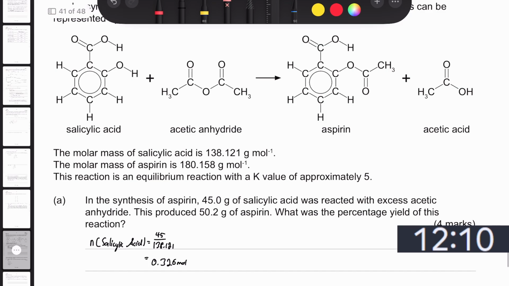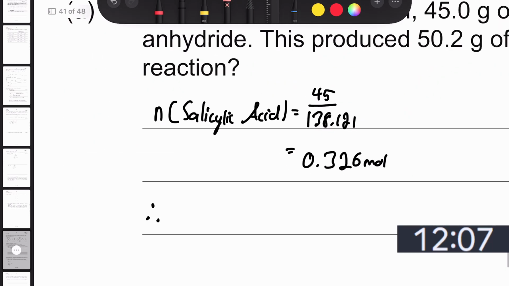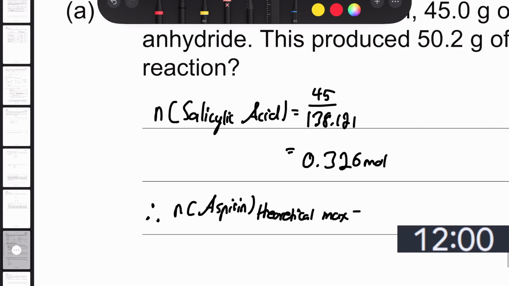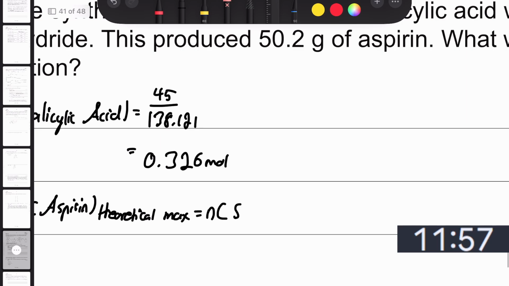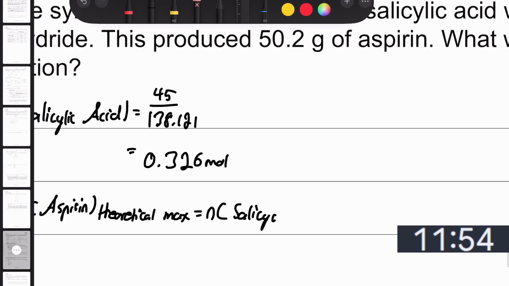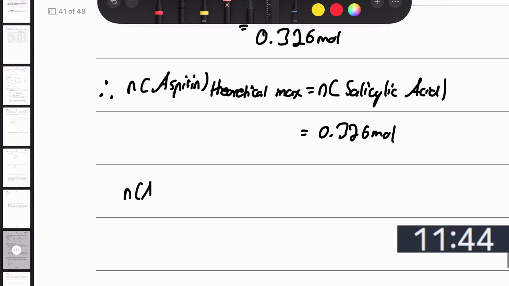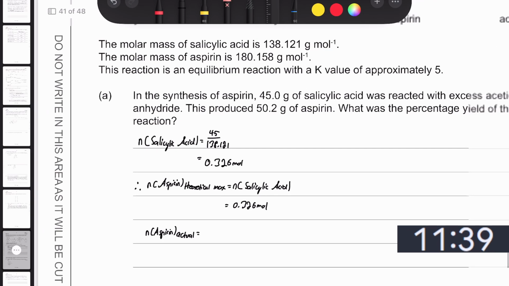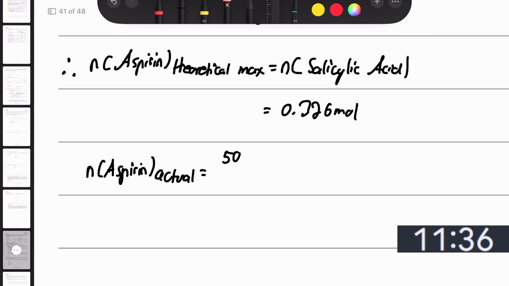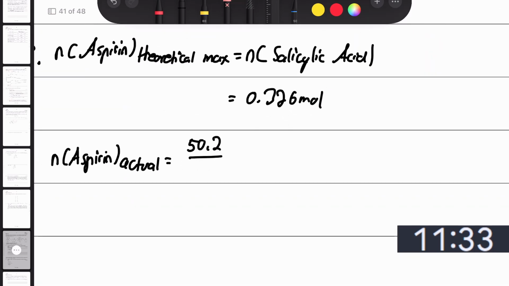Therefore, aspirin theoretical max is equal to the number of salicylic acid, 0.326 moles, but the number of aspirin actually is equal to 50.2 over 180.158.